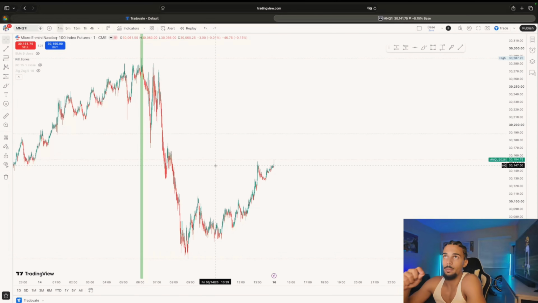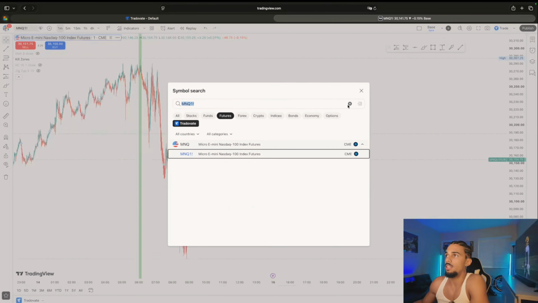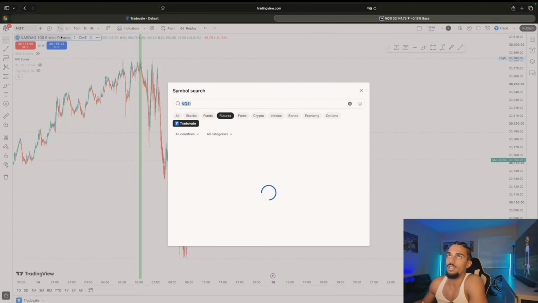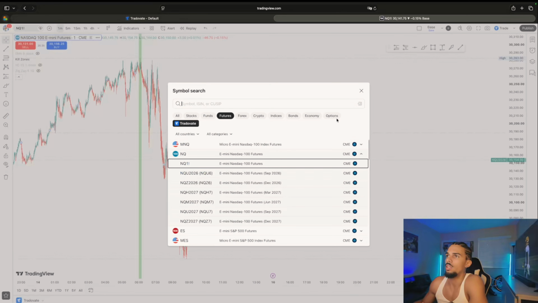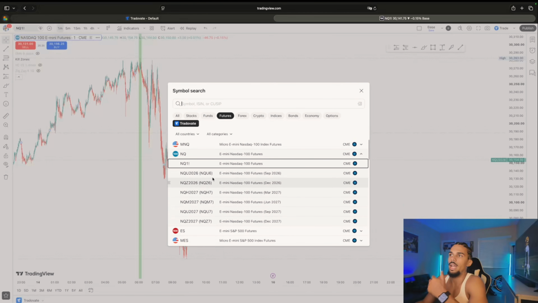Each pair or each index or each future, whatever you're trying to trade, the NQ, the MNQ, the ES, the gold, you have to be on the right pair, the right month of the pair.